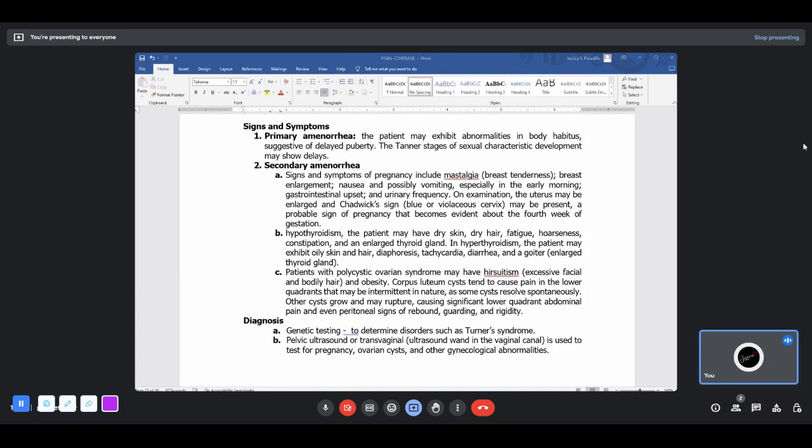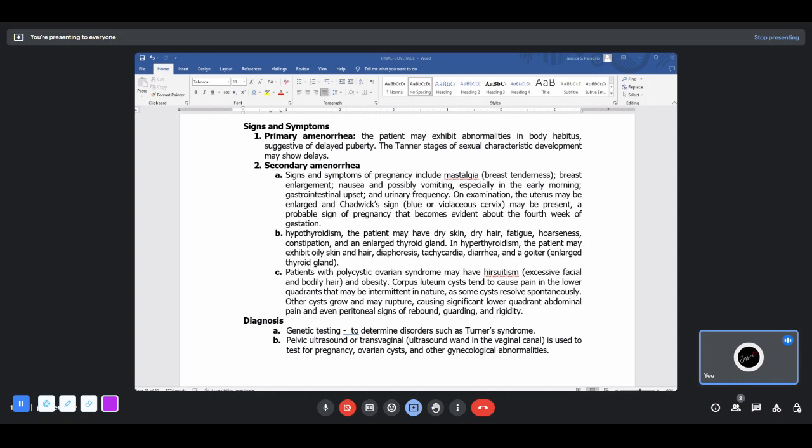Okay, we have the signs and symptoms. For the primary amenorrhea, the patient may exhibit abnormalities in the body habitus suggestive of delayed puberty. The Tanner stages of sexual characteristic development may show delays. Okay, for the secondary amenorrhea, signs and symptoms of pregnancy include mastalgia.